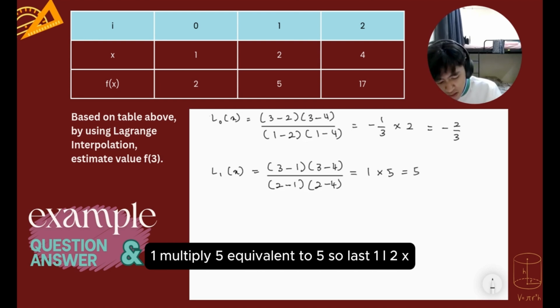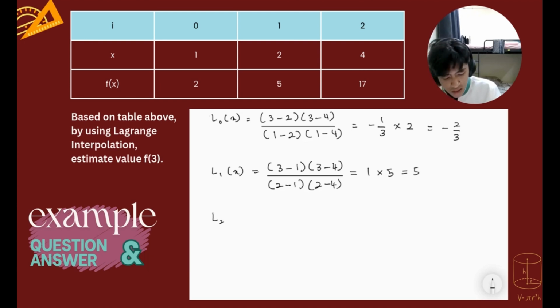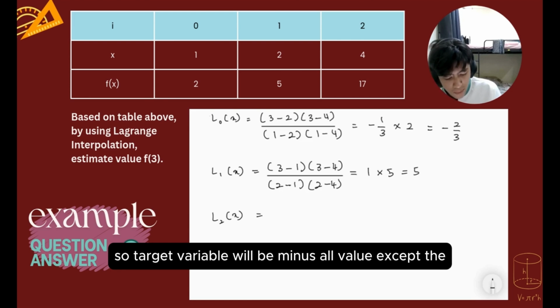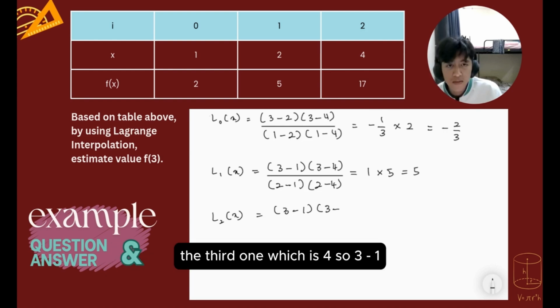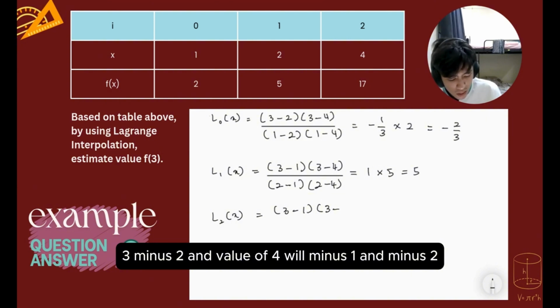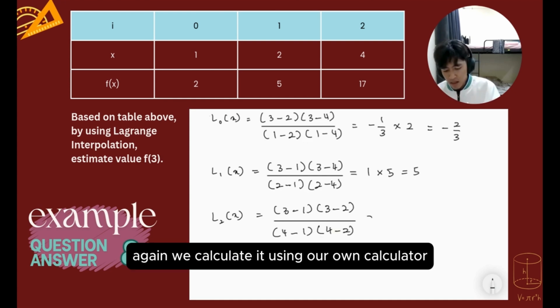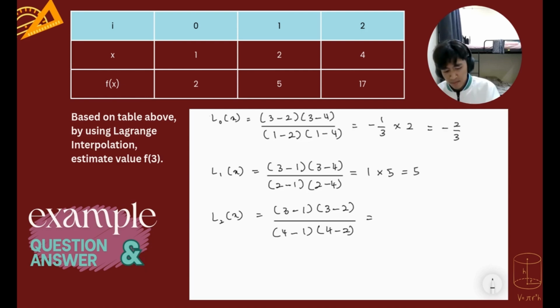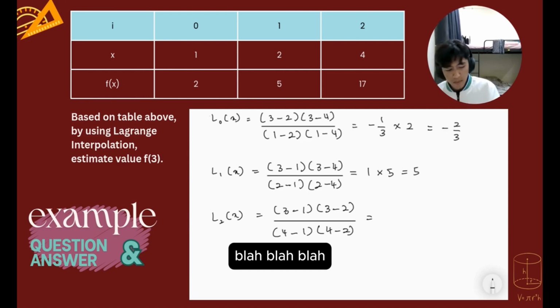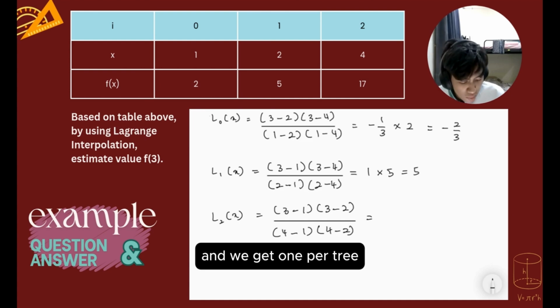So the last one, L2(x). The target variable will be minus all values except the third one, which is 4. So (3 minus 1)(3 minus 2), and 4 will minus 1 and minus 2. Again, we calculate it using our calculator, and we get 1/3.